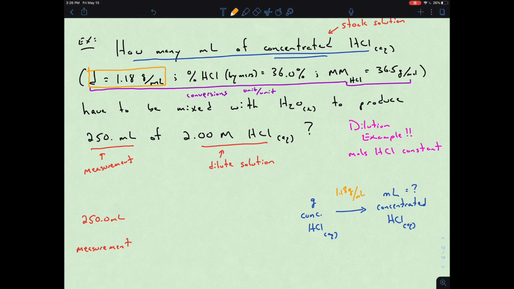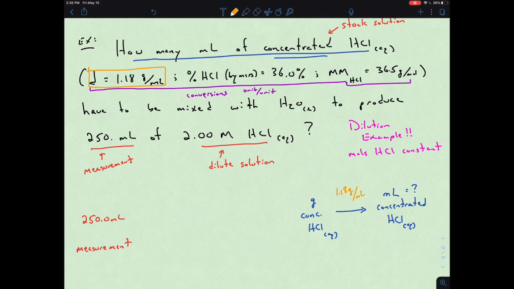Okay, so there we go. We can go back and maybe figure out how many grams of concentrated HCl we actually have. So that would be like the solution, right? This is still in the solution sense. And so maybe I fall into a roadblock there. Let's maybe start going from the other direction.